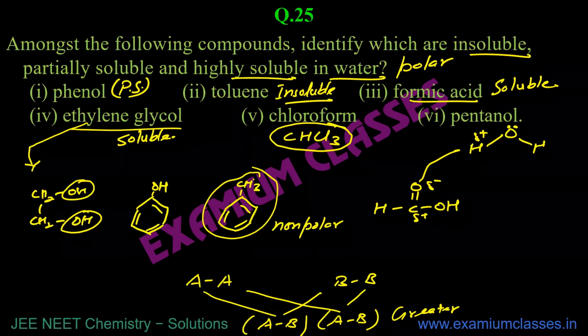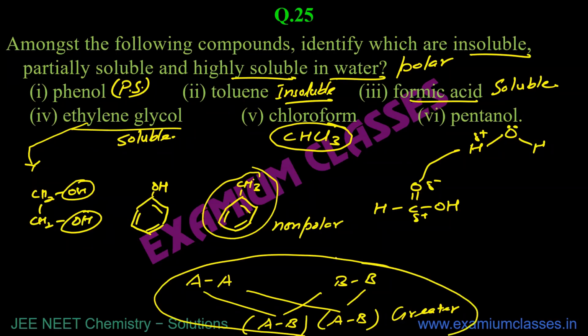That's why I'm asking, because you need to remember the reason, a specific reason we have here. Most of the time this question appears and students make mistakes. This is the logic.